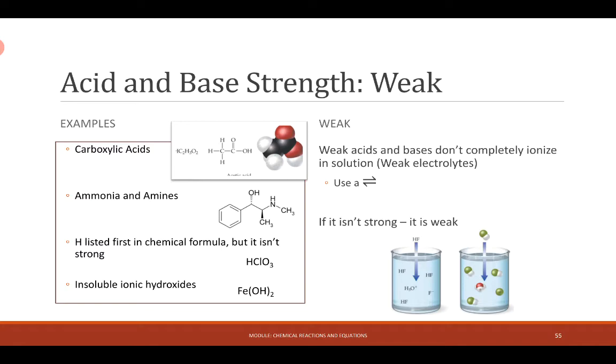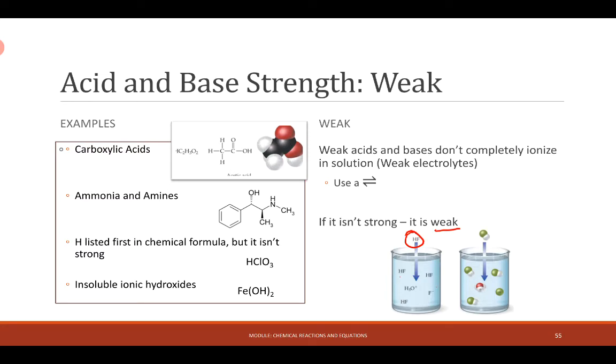Weak acids, on the other hand, do not completely ionize in solution. HF, for instance, even though fluorine is a halogen, was not on the strong acid list. And if it's not strong, it's weak. So any acid or base not on the strong acid and base list is a weak acid or a weak base. If you put HF in solution, it only partially ionizes. You'll have primarily neutral HF molecules and just a few ions.